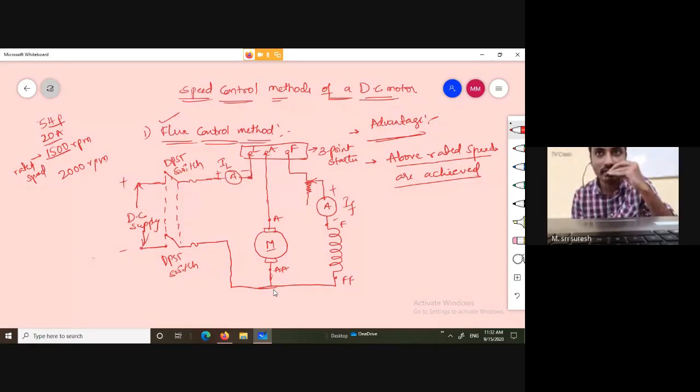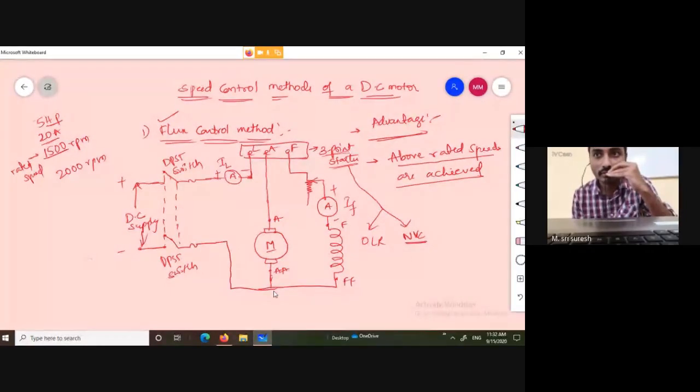In order to reduce that high starting current, we use a 3-point starter. The 3-point starter has two important coils: the overload release coil, which is the OLR coil, and the NVC coil, also called the hold on coil or no volt coil.